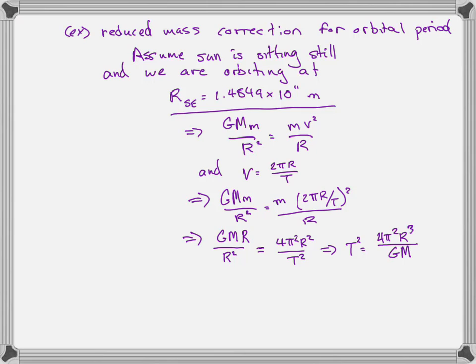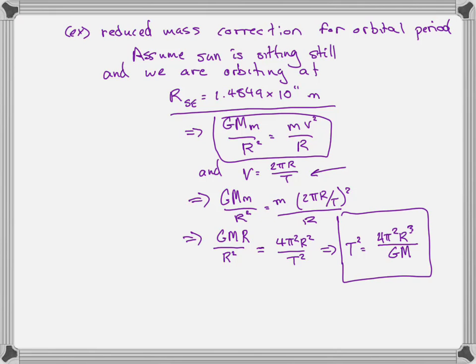It's one of Kepler's laws, but you can figure out the orbital period simply by setting the net force between the two objects, GMm over r squared, equal to the mass of the Earth times the acceleration of the Earth, mv squared over r, and use the fact that speed is the orbital distance, 2 pi r, divided by period T. Solve for the period T, and this is one of those Kepler's laws: T squared goes as r cubed. So that's the orbital period, assuming the sun's sitting still.